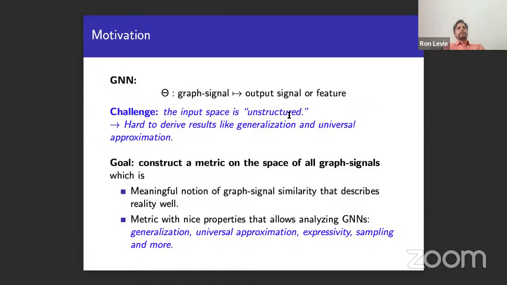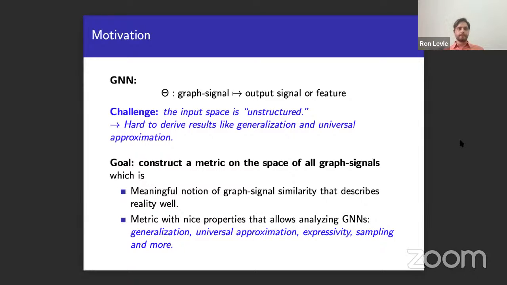Now, if you compare it to the graph neural network situation, here a graph neural network is a function that maps a graph with node features. This is the input space, and we call it a graph signal. The signal is a mapping from the nodes to features in some Euclidean space, and the network returns either another signal on the same graph or just a feature for the whole graph in some Euclidean feature space.